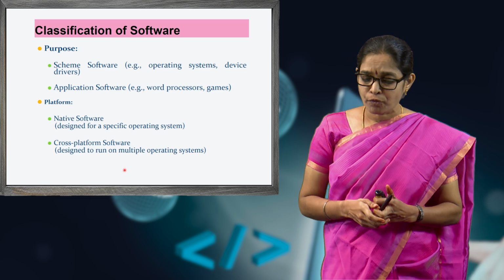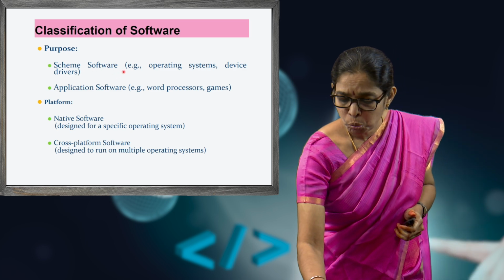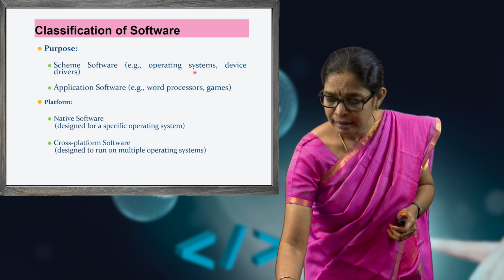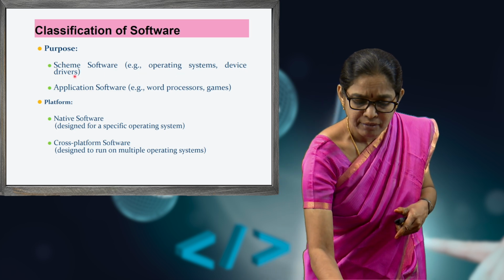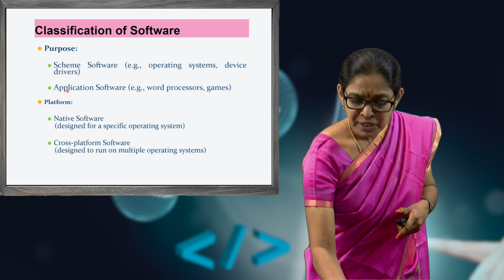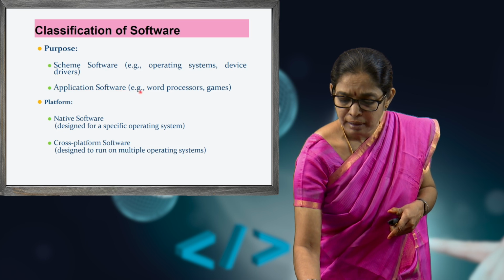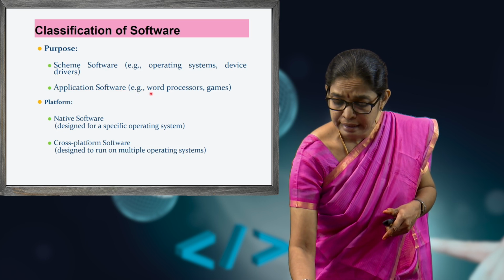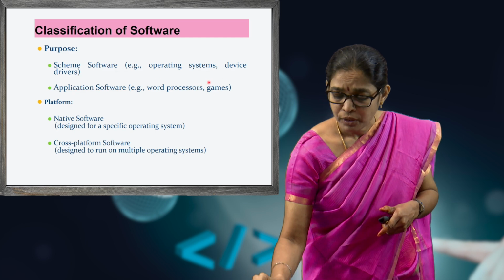System software is developed to monitor and control the operating system and device drivers. Application software is developed for performing some task. Examples are word processors and games.